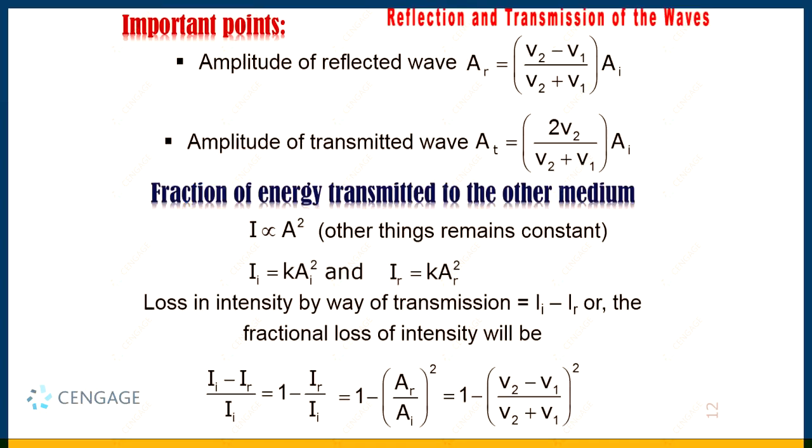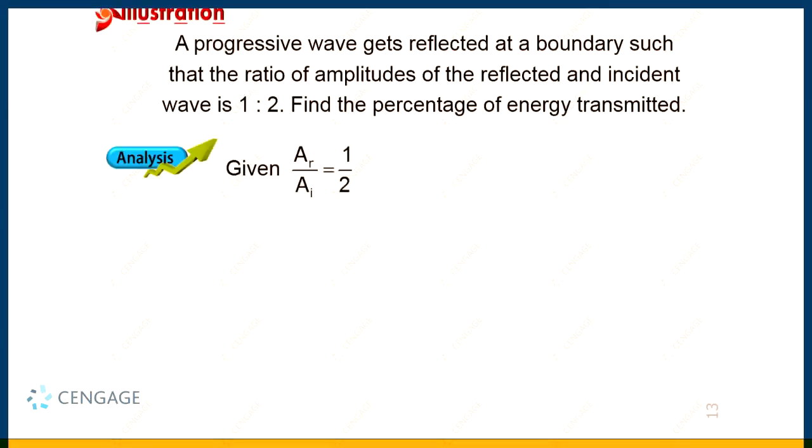And we learned in the theoretical part that the fraction of energy transmitted is equal to 1 minus (AR divided by AI) whole square. And we have calculated this energy in terms of intensity, that is the energy per unit time per unit area. So, here we can write the fraction of energy transmitted as 1 minus (AR divided by AI) whole square, that is 1 minus (1/2) whole square.